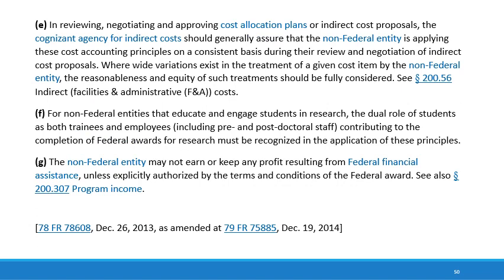And moving on, here's some additional regulations. We would just like to reiterate paragraph G, where it states the non-federal entity may not earn or keep any profit resulting from federal financial assistance unless explicitly authorized by the terms and conditions of the federal award.